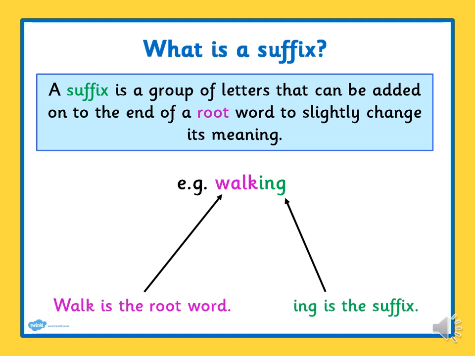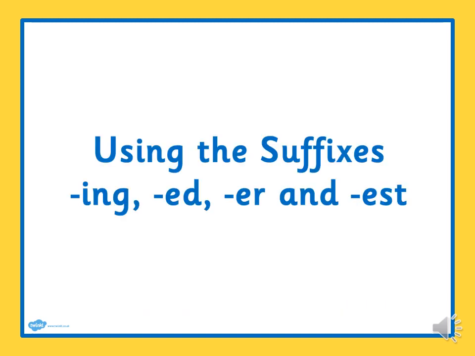For example, walk is the root word and we've added ing. Walk is the root word, ing is a suffix. We have turned walk into walking. So you are going to use the following suffixes today: ing, ed, er, and est.